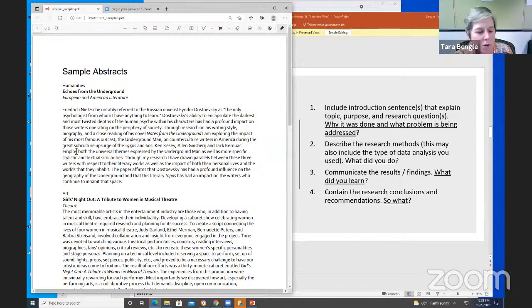Where is that introduction sentence? And for the most part, these are going to follow that sequential order there.